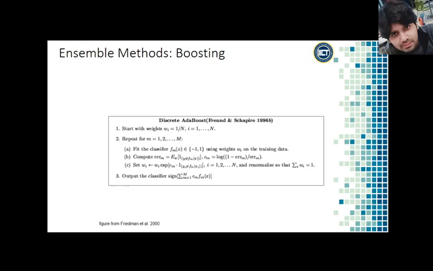So another extension, not a modification, but an extension of decision trees is the boosting methods, which are ensemble methods. Now, AdaBoost or adaptive boosting is an ensemble learning method, also known as meta learning, which was initially created to increase the efficiency of binary classifiers. AdaBoost uses an iterative approach to learn from the mistakes of weak classifiers and turn them into strong ones.